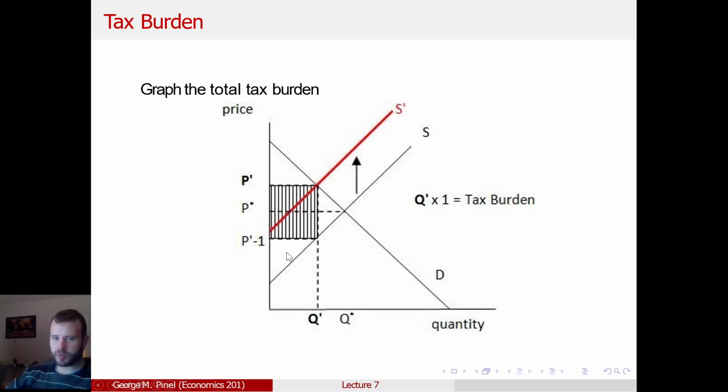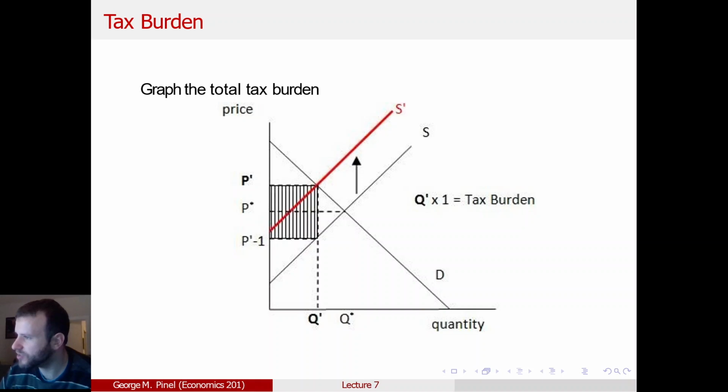This triangle here is your producer surplus: the price that producers receive after taxes minus the supply curve. So we have producer surplus, producer tax burden, consumer tax burden, and consumer surplus. We also said that consumer tax burden plus producer tax burden can be called the total tax burden. It's also the total tax revenue.